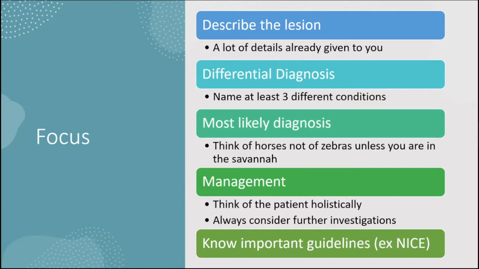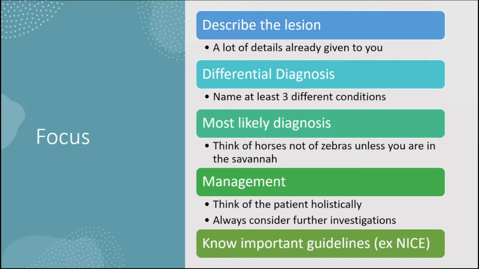When you come to most likely diagnosis, you need to think of horses, not of zebras, okay? So you need to think of what is the most common condition that looks like the one you have in the photos, all right? Think of zebras only when you are given clues. It means that your most likely diagnosis might not be one of the most common.